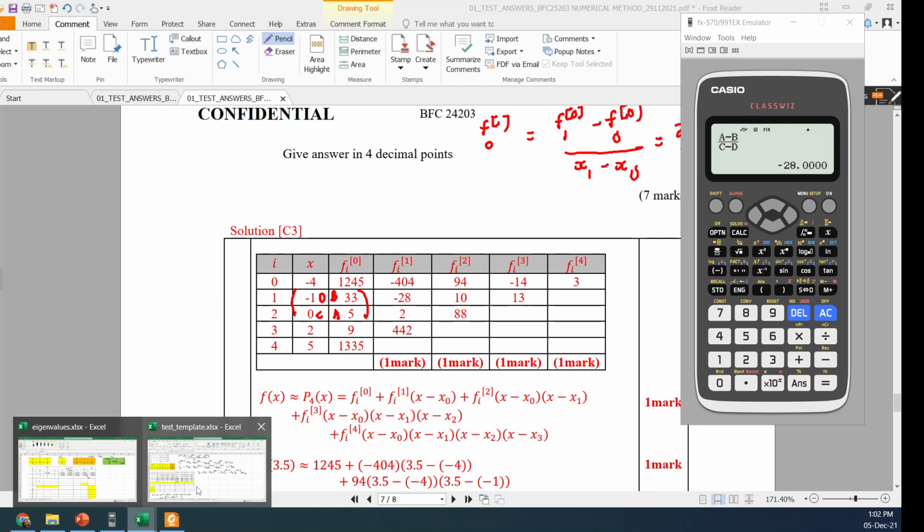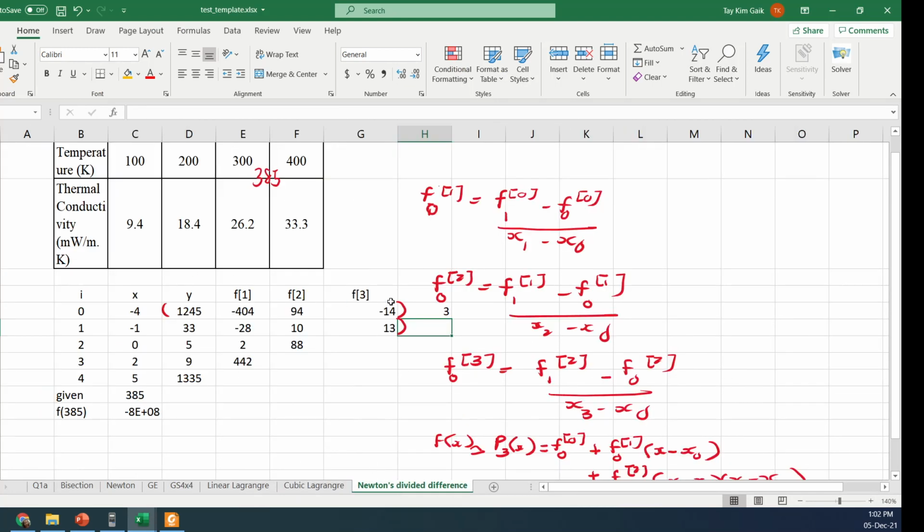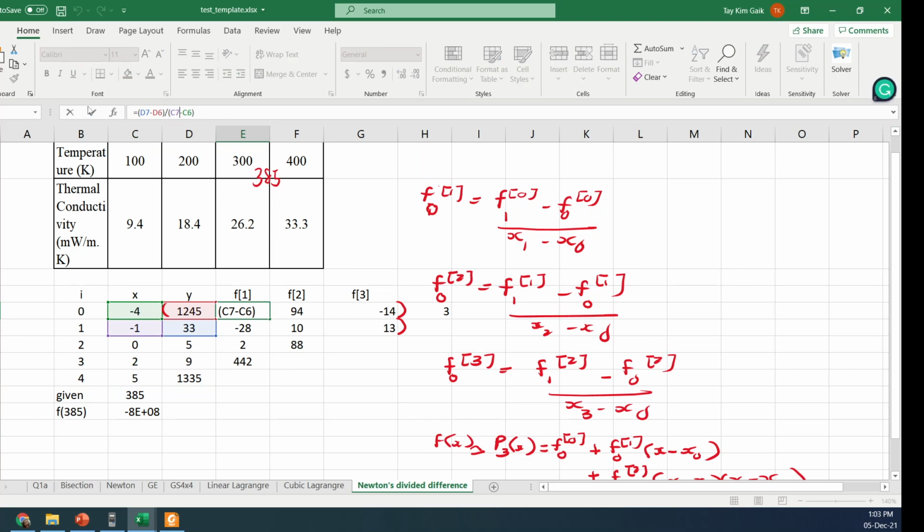I also provide you the template, but the template I provided last time only went up to one step there. So if it's not enough, you just increase it and copy it down. Why do we use Excel? Because the pattern you can copy down easily.